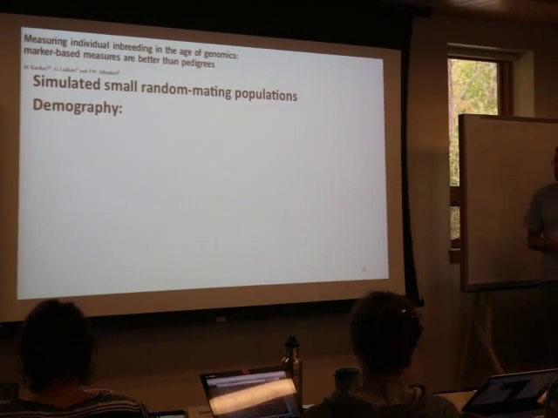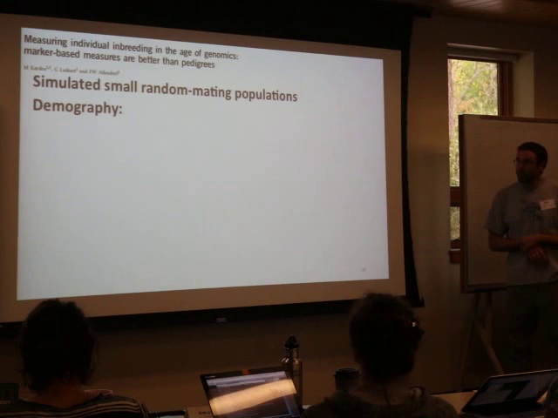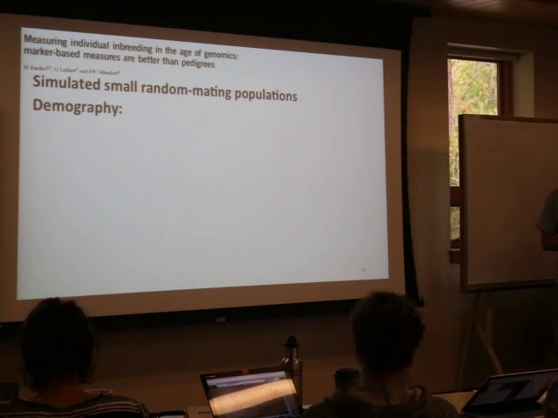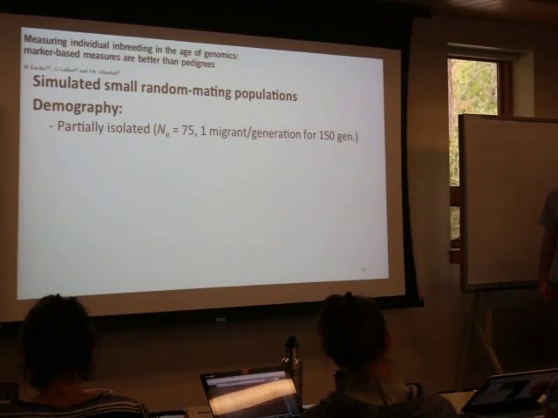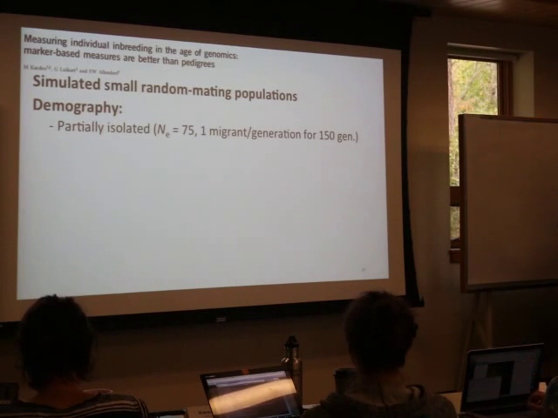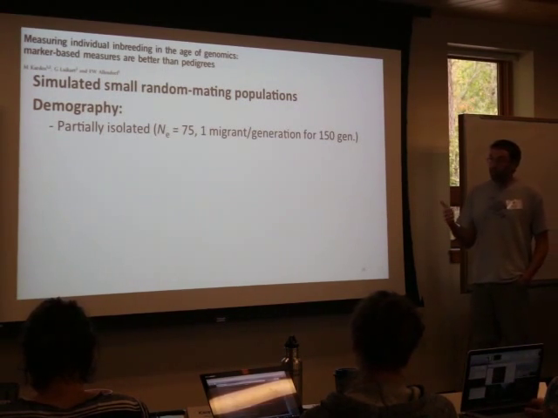So Fred and I and Gordon, as part of my PhD, decided to do a similar study looking at small populations and using genomic characteristics that are more realistic for wild populations of mammals. So I simulated small random mating populations, assuming two different demographies.